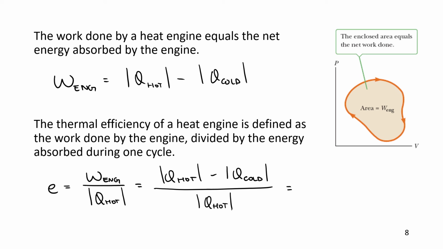And if I reduce this down one more step, we get something that looks like this. It's 1 minus Q_cold over Q_hot.